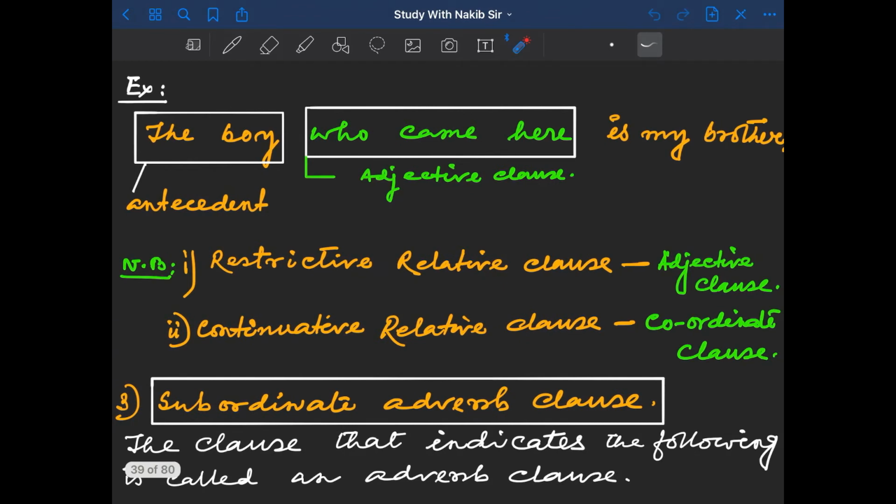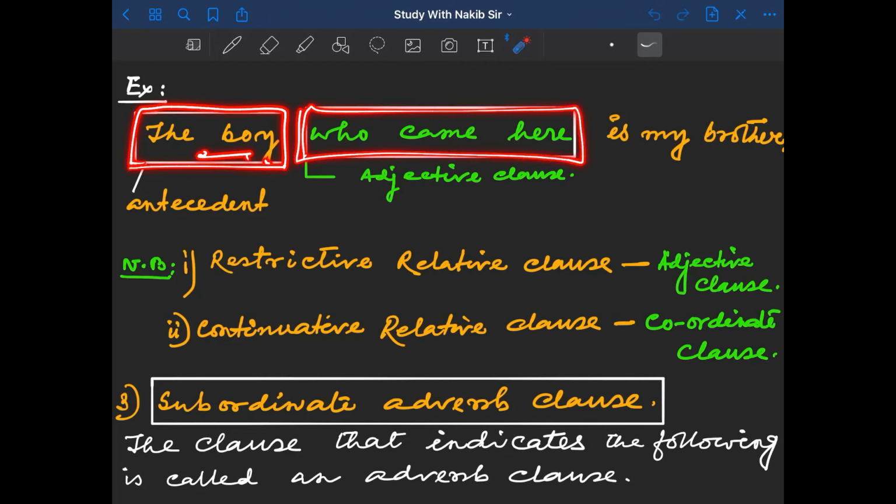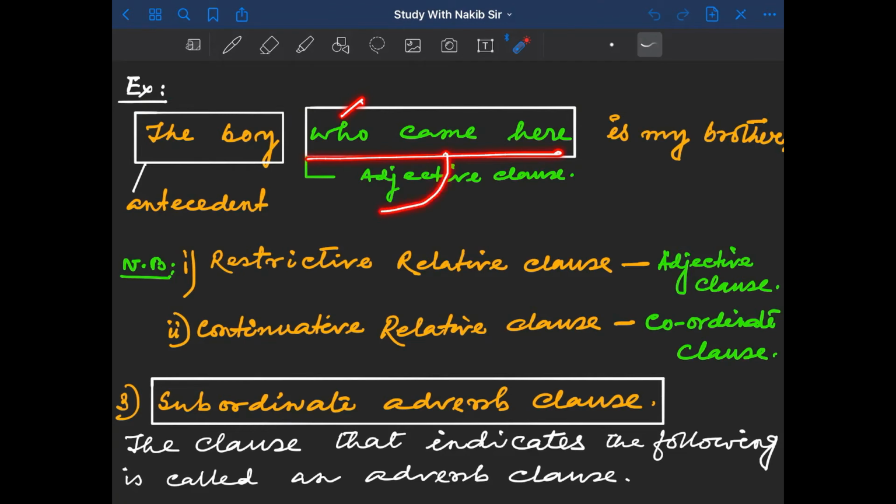See the example: The boy is the antecedent, and it is the relative clause, and it begins with the relative pronoun who. So the boy is the antecedent. What is an antecedent? The antecedent is the noun or pronoun placed before the relative clause or adjective clause. This is the relative clause that works here like an adjective to describe the antecedent, to define the antecedent.